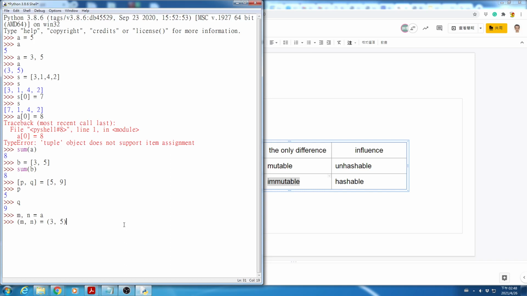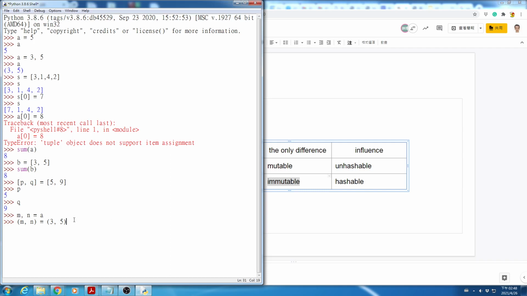A is the value of 3 and 5, a tuple with two values. On the left-hand side, you have a tuple of two variables, and you will assign 3 to M, and you will assign 5 to N. They are exactly the same thing.